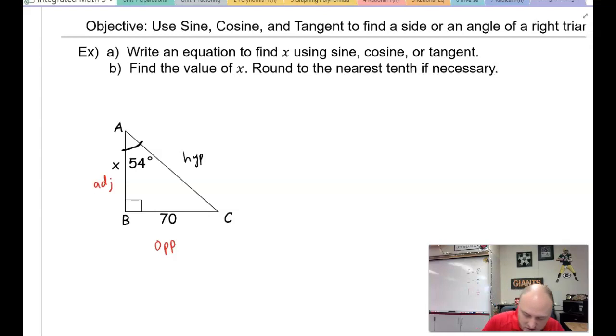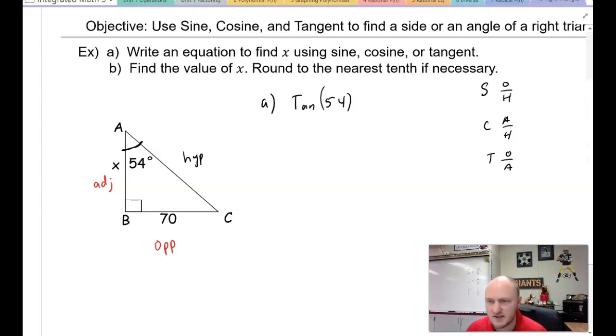So my equation for part A, here's SOHCAHTOA. Opposite and adjacent is tangent. So tangent of the angle always goes inside the trig function, is equal to opposite, that's 70, over adjacent, which is x.